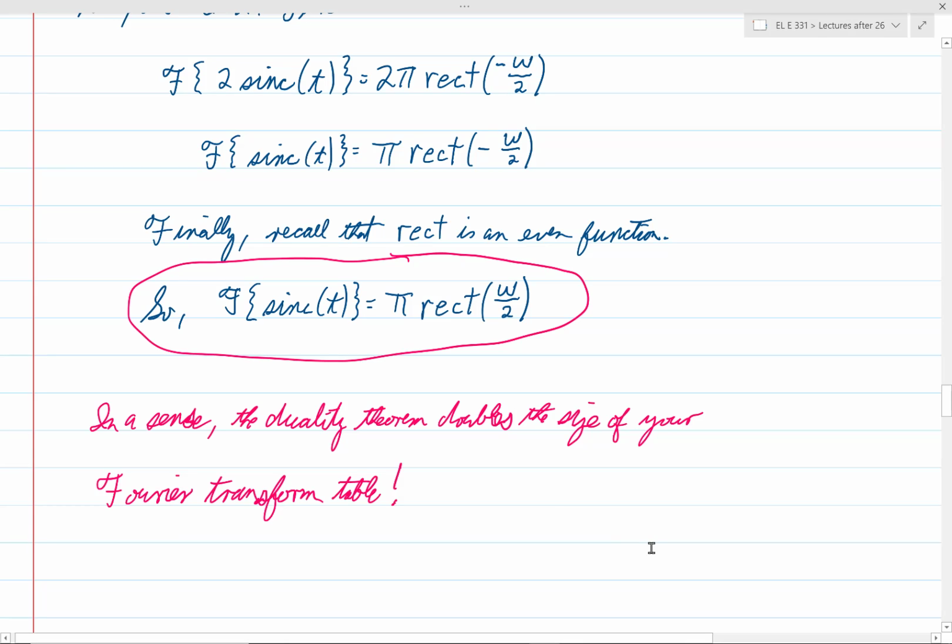So I hope that you found that interesting. Those are some important ideas. You learned about a new function, the sinc function, and you learned about the duality theorem. And so I hope that that was of interest to you, and I'm sure it will be of use to you in test 26. So good luck.